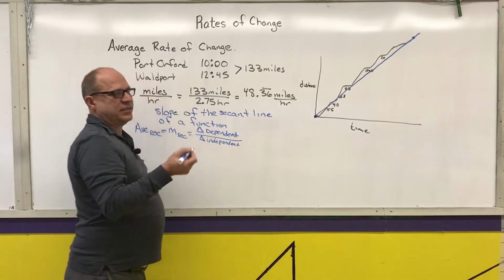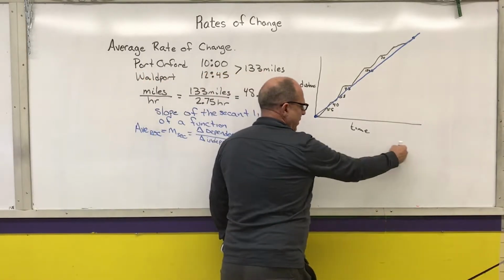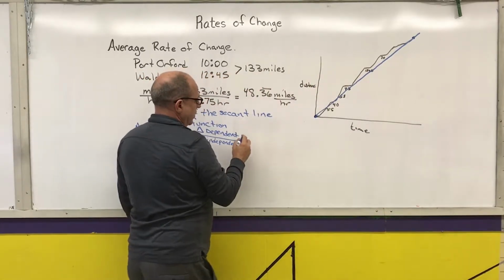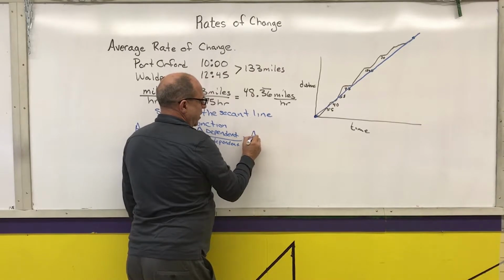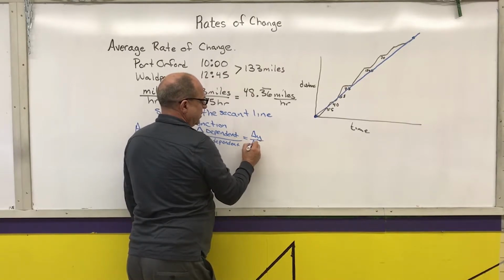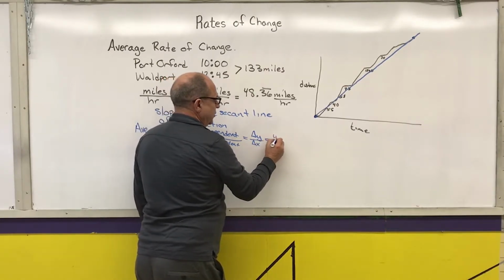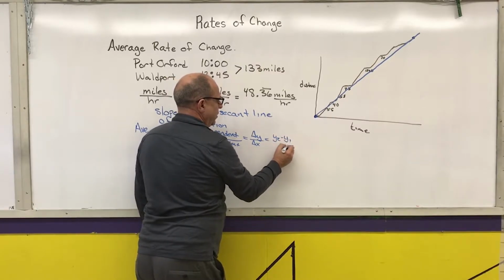If I'm using x's and y's, the x's for my independent, y's for my dependent, that would be the change in y over the change in x, which would be y2 minus y1 over x2 minus x1.